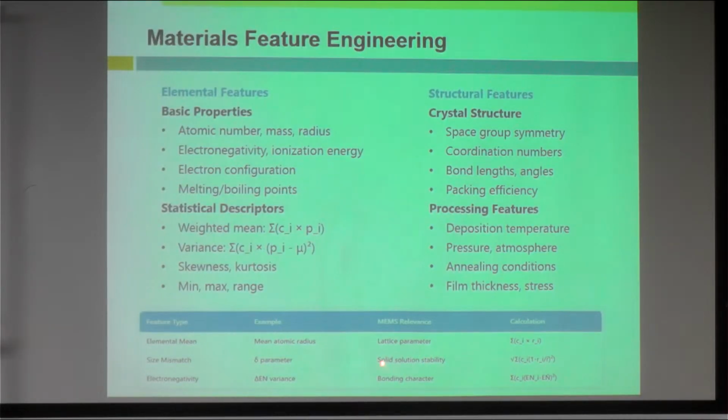Then you have solid solution stability, which you can calculate by this equation. Another thing, for example, is the bonding characteristic of MEMS. Then you need the features of electronegativity of the material. Then, for example, you have delta E and the variance. So these are features, examples, and relevant in terms of MEMS material.